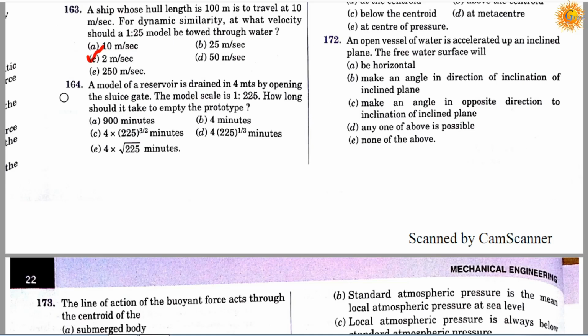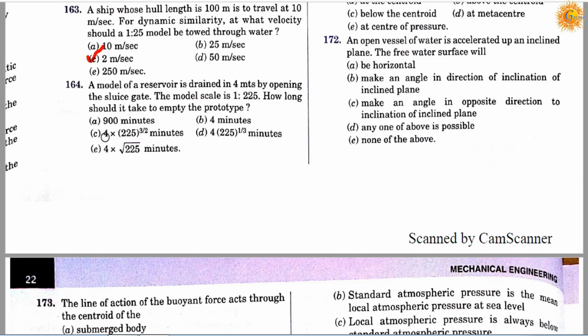Question number 164. A model of a reservoir is drained or emptied by opening the sluice gate. The model scale is 1:225. How long should it take to empty the prototype? Option A is 900 minutes.